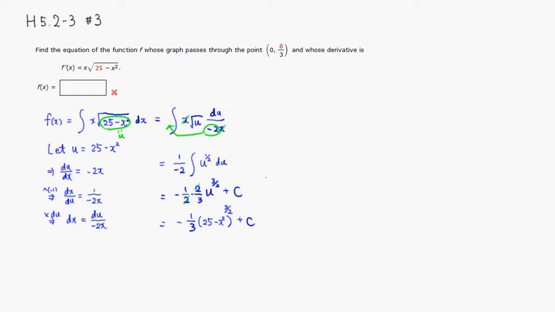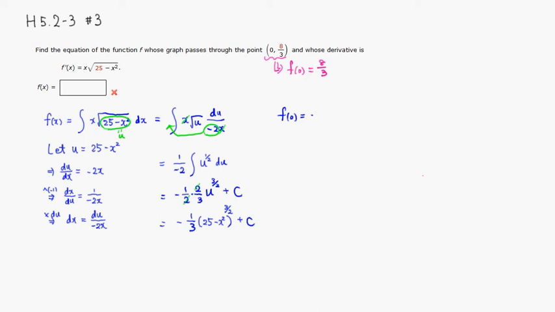Alright, then what we have here is this will actually tell you that f of 0 is equal to 8 over 3. Right? We can use that to find the value of c. Right? So f of 0, plug in 0.